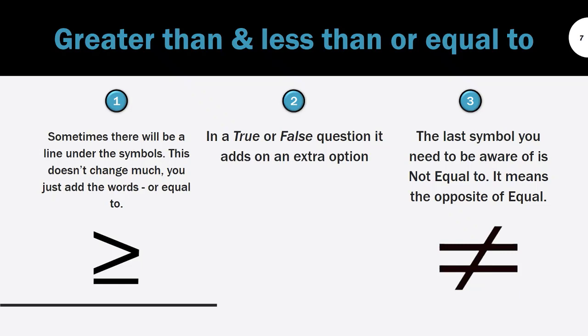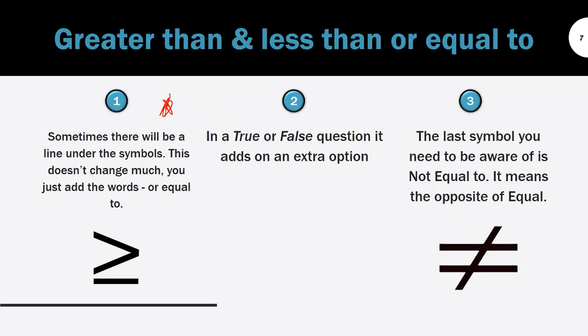Okay, so if we have a look here under our point number 1, okay, it says sometimes there will be a line under the symbols. This doesn't change much. You just have to add the words or equal to. So what do I mean by that?